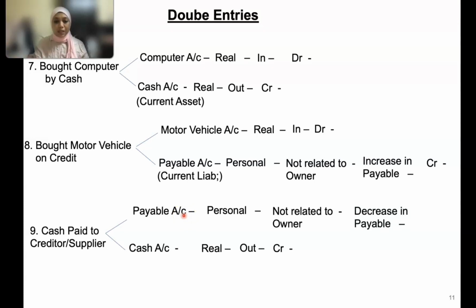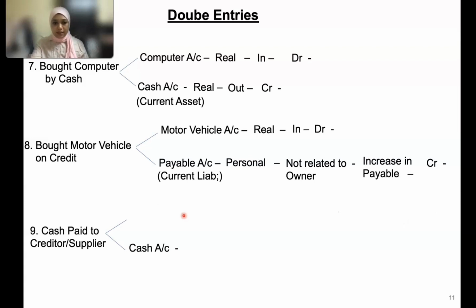Payable is credit nature. If it is increased, we will record in credit side. If it is decreased, we will record in debit side. Okay, so I will explain this again. We paid cash to our supplier. We will open cash account and payable account.